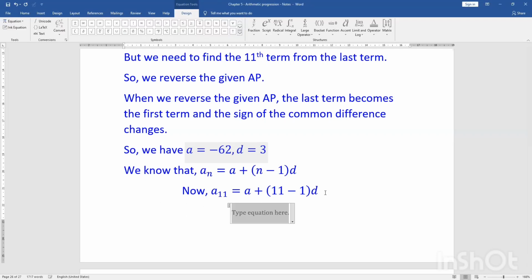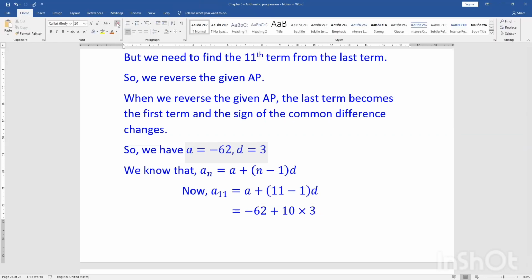Do you know the value of a? Yes, it is minus 62. So minus 62 plus (11 minus 1), which is 10, into d, whose value is 3.